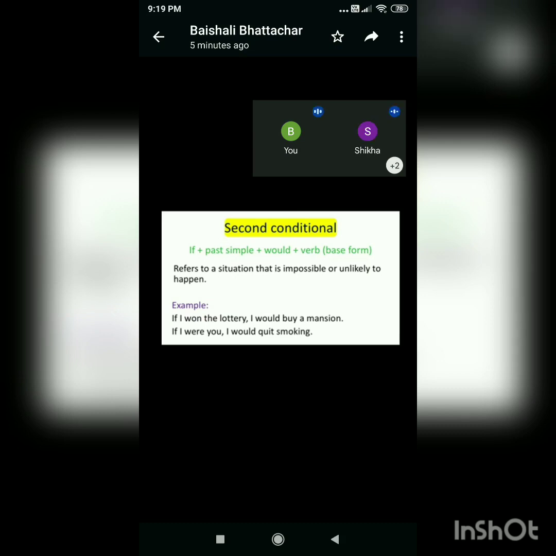Okay, you have it correct. If I own 2 lakh rupees, I would go on a trip. Very good. I would travel the whole world, but to travel the whole world is not possible with 2 lakh. But it is an imagination sentence. Okay, the sentence is correct. Very good, very good.